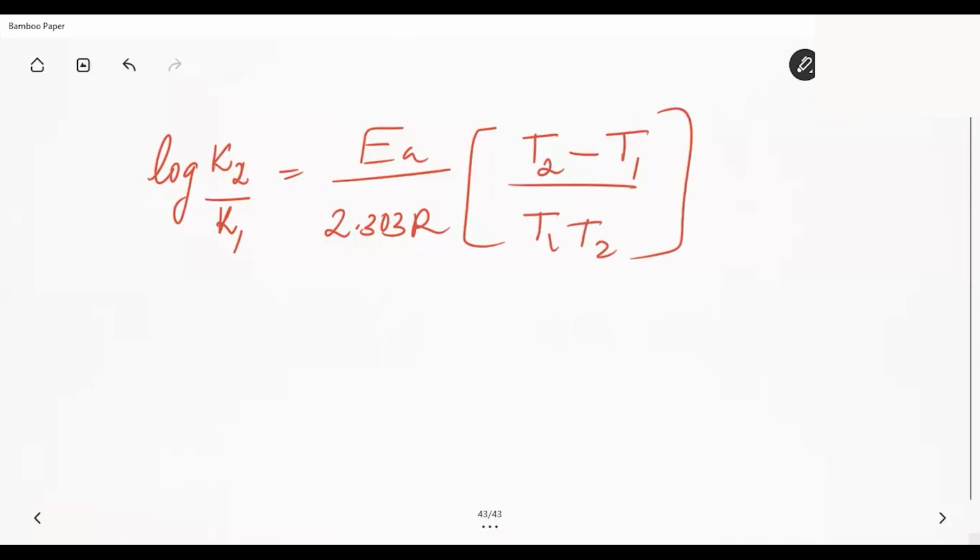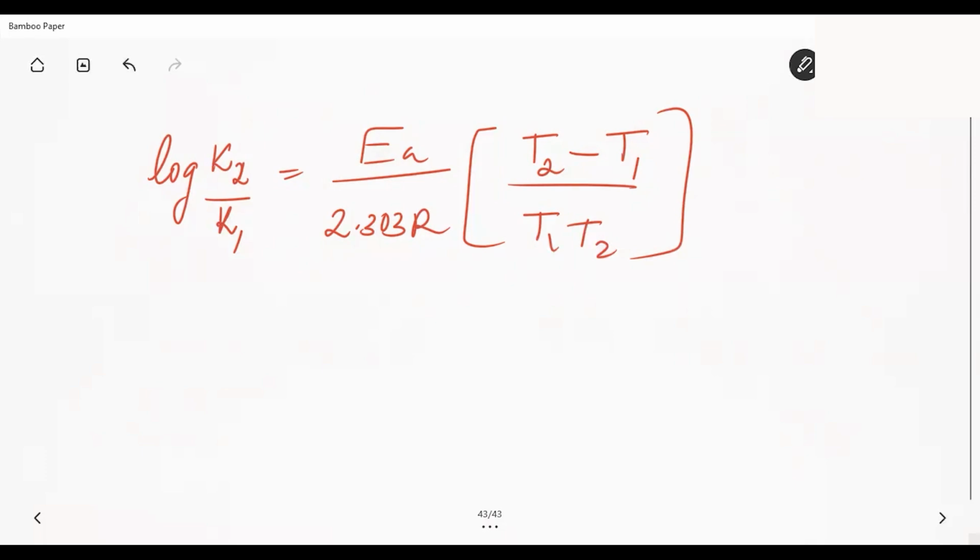That is, if k1 and k2 are the rate constants of the reaction at temperatures T1 and T2, you can find Ea, or you will be asked to find the activation energy. So you have to use this equation. You can see the logarithm here; you will get a simple value of the log, so you can easily work this out. This is very important. The Arrhenius equation is very, very important.